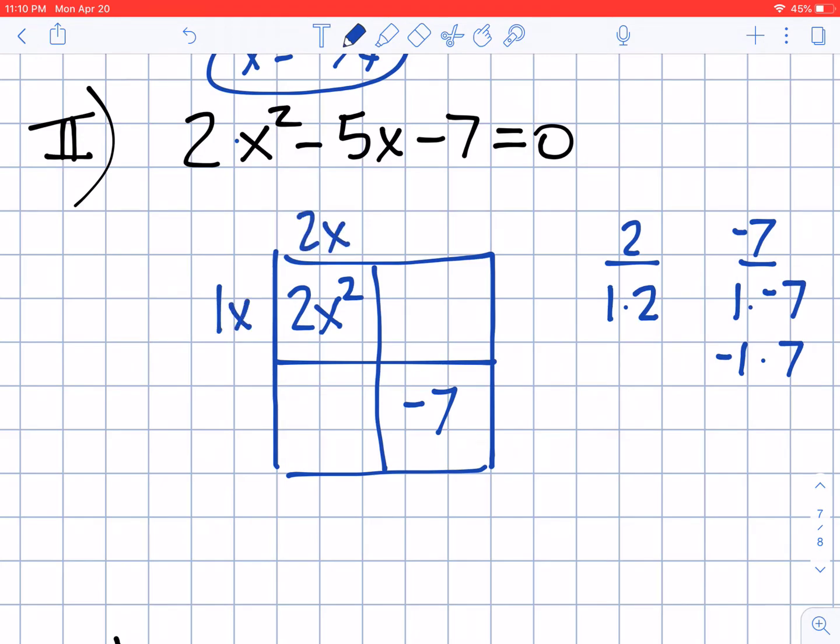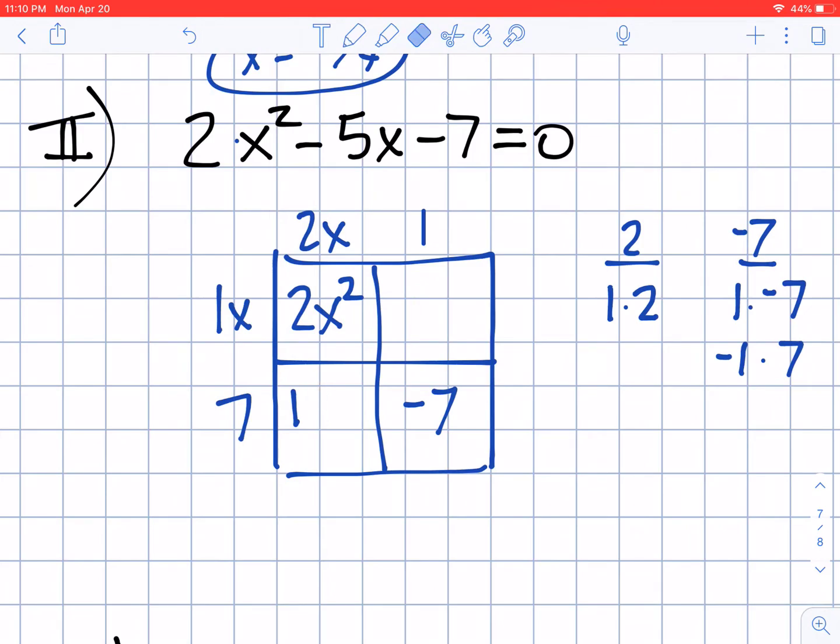All right, so let's put the 1x and the 2x down first this time. And now let's go with a negative 7. Well, if I put the 7, let's say here, 1 here, let's strategize a little bit. That would give me 14 and 1. Well, 14 plus 1 is a negative 5.